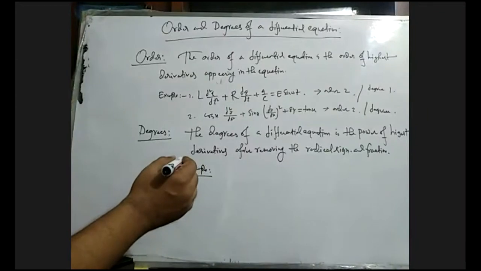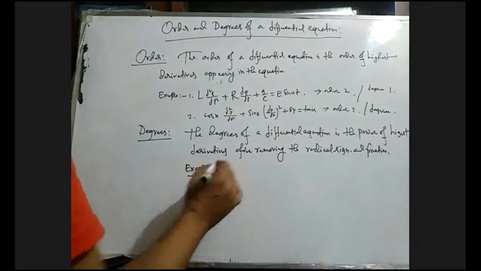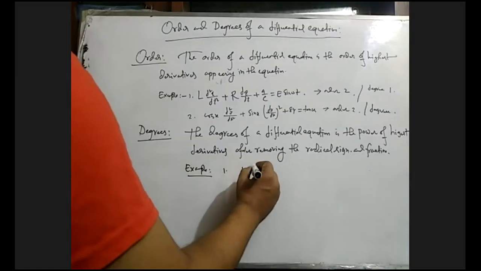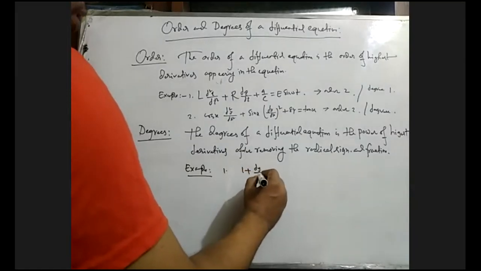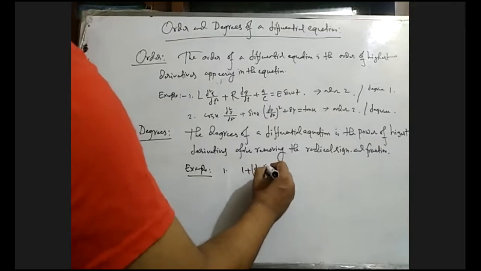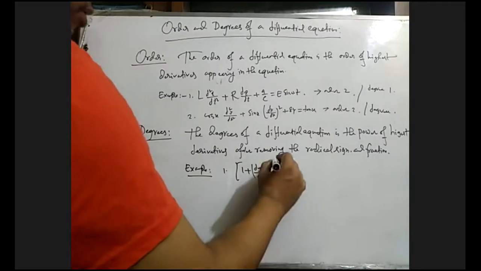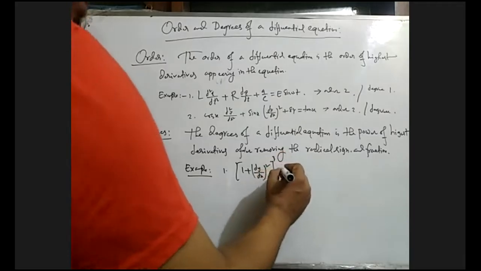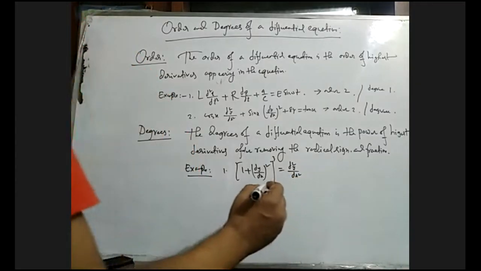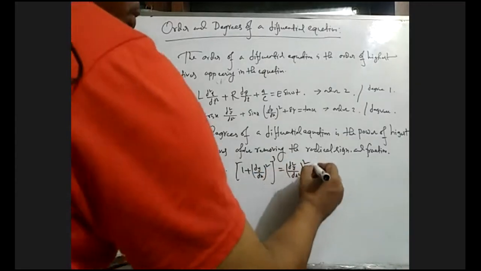Now we can give another example. Suppose 1 plus dy dx whole square, and this is cube, equals d square y dx square whole square.